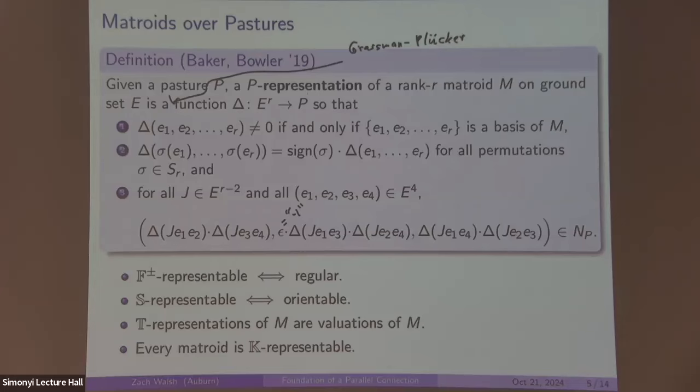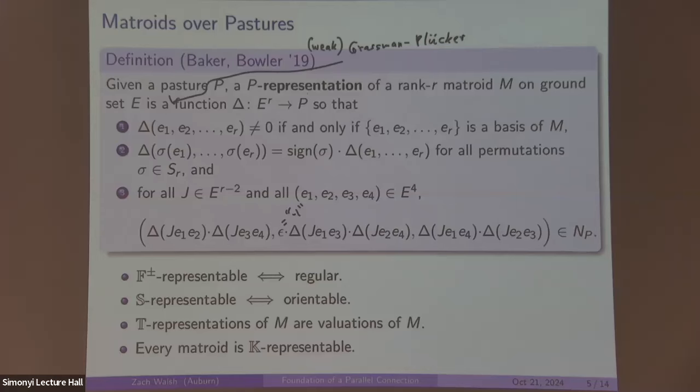I don't want to get too off track here, but there are more general objects called tracts, which generalize pastures, and you can also have a Grassmann-Plücker function that satisfies higher-order Plücker relations, and that's called a strong Grassmann-Plücker function. This would be a weak Grassmann-Plücker function. But for this talk, since we're just focusing on pastures, this is all we can really do.